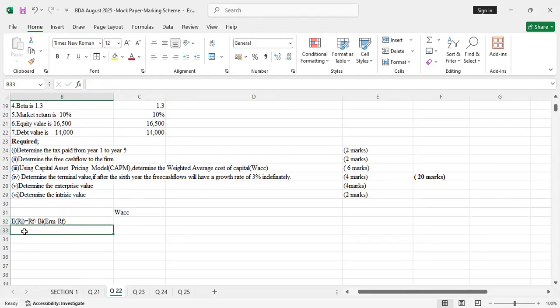Then we also have to calculate the cost of equity before we get to the WACC. So what is the formula for the WACC using CAPM?